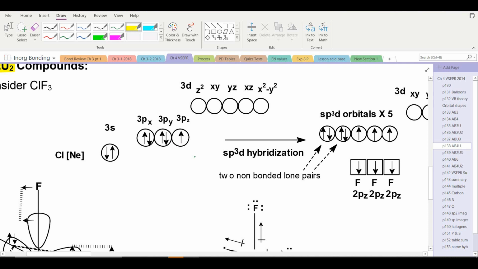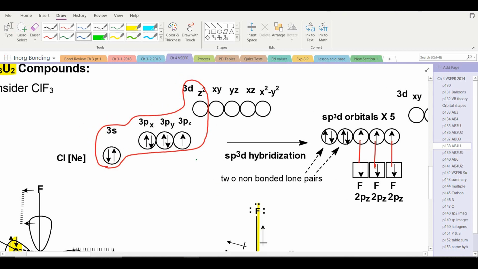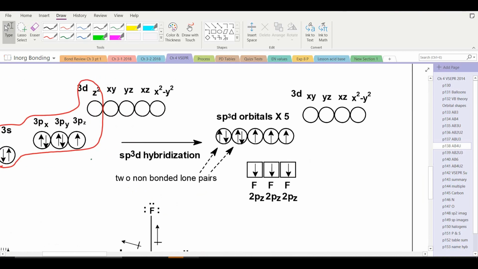So let's say that chlorine hybridizes its s, all of its p's, and the 3dz squared orbital to form 5 identical orbitals. Promoting one electron will produce 3 half-filled orbitals. sp3d hybrid orbitals. 2 of them are filled, 3 of them are half-filled. Those that are half-filled can form 3 sigma bonds with fluorines.